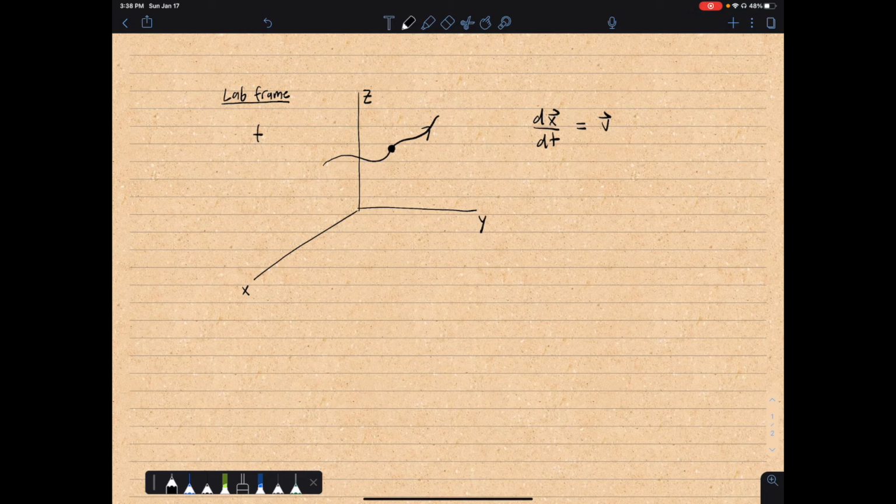We can write a small section of the path of this particle as a 4-vector, which I'll call dx. Dx will transform between different inertial frames following the Lorentz transformation.